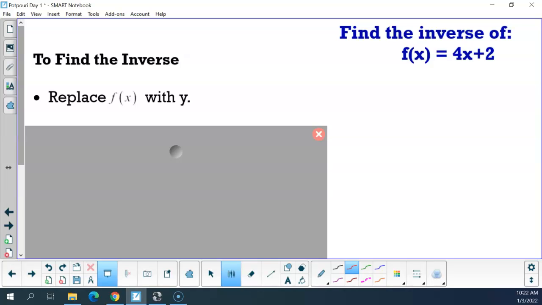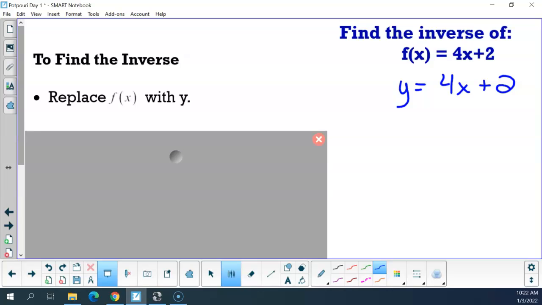This basically looks like y equals 4x plus 2. That looks like something familiar. Now it's a line, and we're going to find the inverse of that line. So that's step number 1. We replace f of x with y.